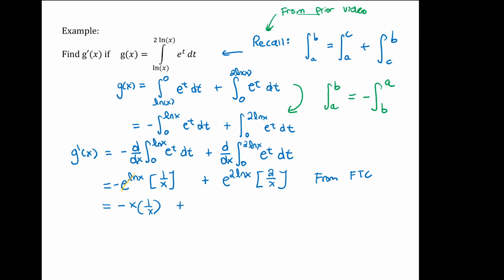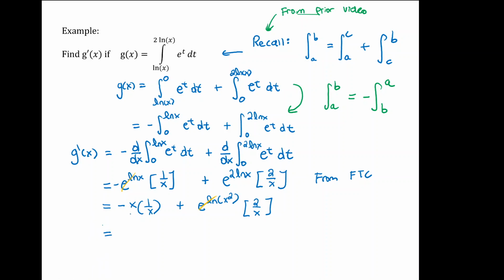Next one, we need to work on a little bit more than that. We can't cancel the e and the ln, but we can bring the 2 up as a power using the log property. 2 times ln of x is the same as ln of x to the power of 2. And we still have multiplication by 2 over x outside. Okay, now we can cancel the e and the ln.